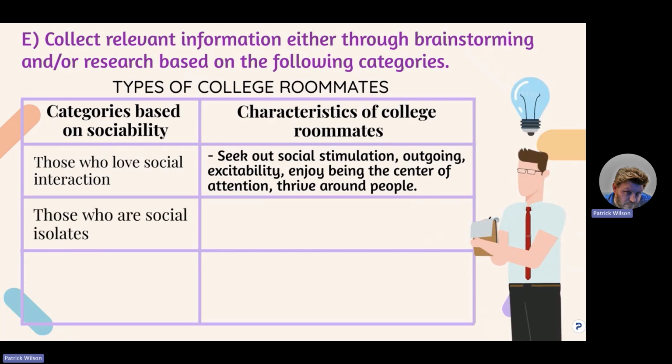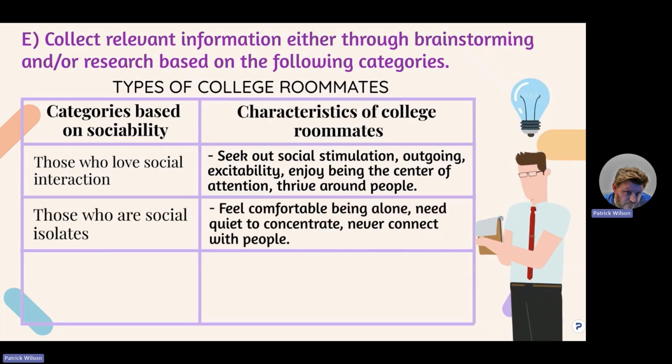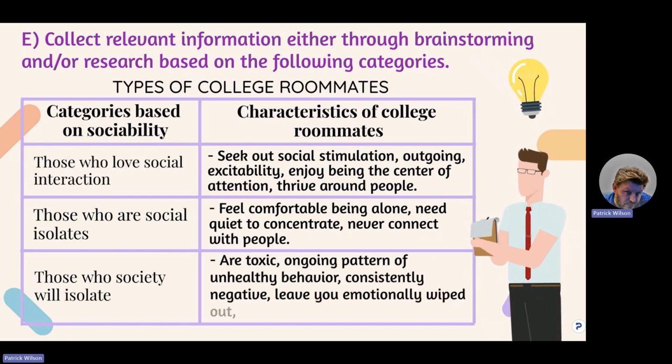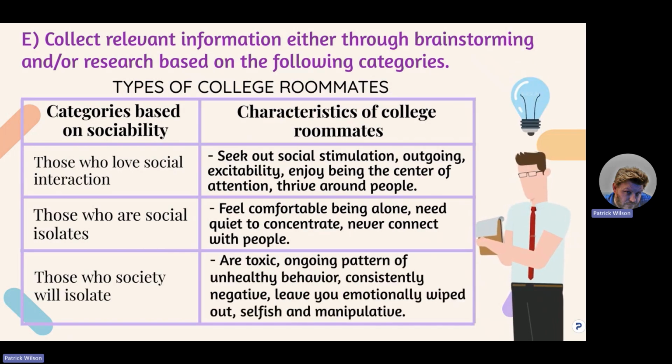Those who are social isolates: feel comfortable being alone, need quiet to concentrate, never connect with people. Those who society will isolate: are toxic, ongoing pattern of unhealthy behavior, consistently negative, leave you emotionally wiped out, selfish and manipulative.